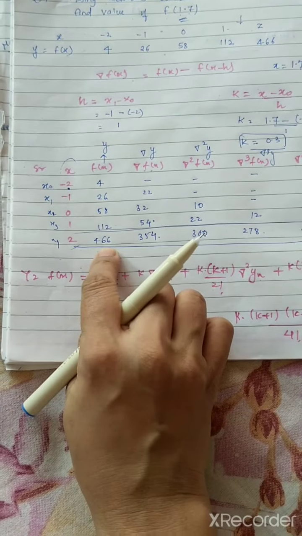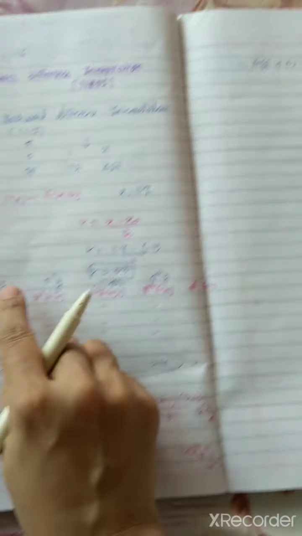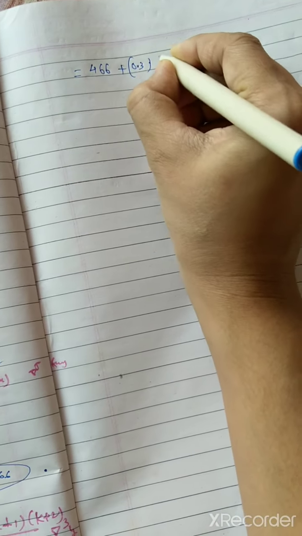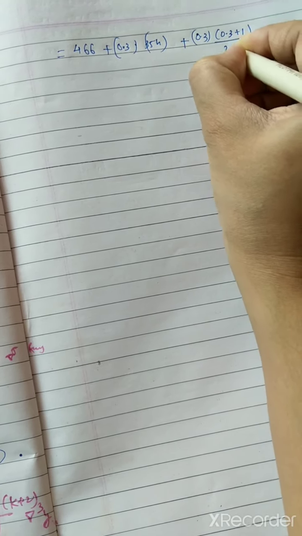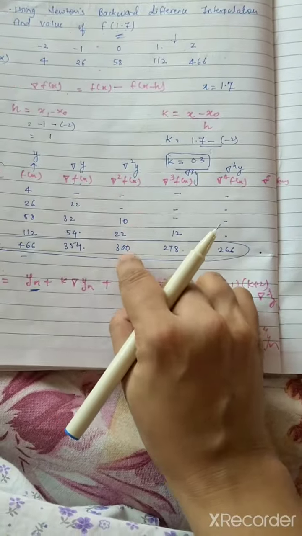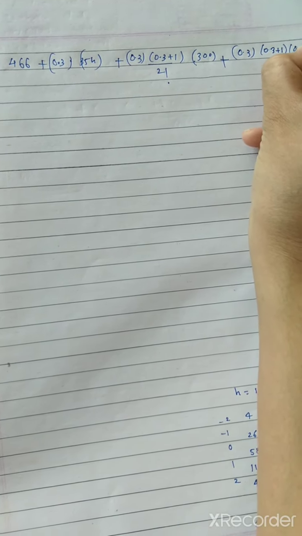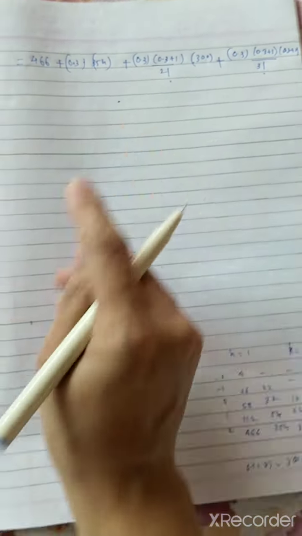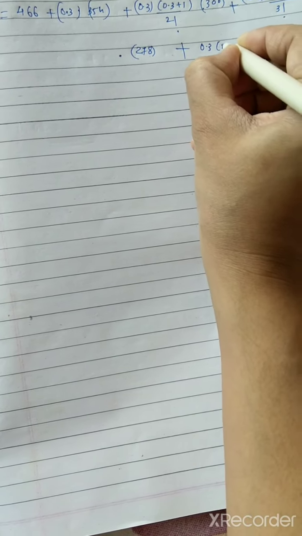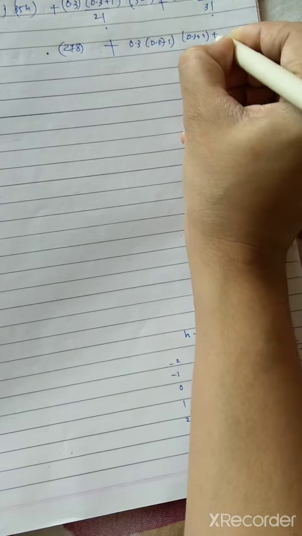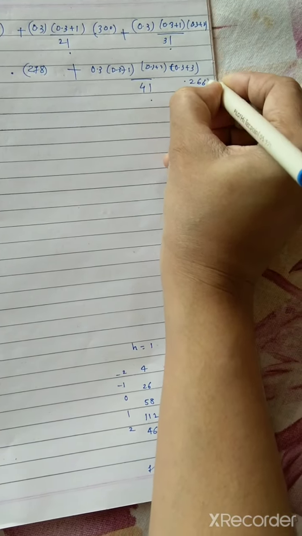What is yn? 466. So put it here: 466 plus the k value 0.3 into del of y, which is 354, plus k into k plus 1, so 0.3 into 0.3 plus 1 divided by 2 factorial into del square of yn, which is 300, plus k into k plus 1 into k plus 2 divided by 3 factorial into del cube of yn, which is 278, plus k into k plus 1 into k plus 2 into k plus 3 divided by 4 factorial into del raised to 4, which is 266.